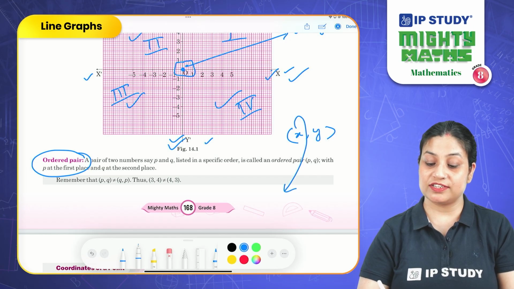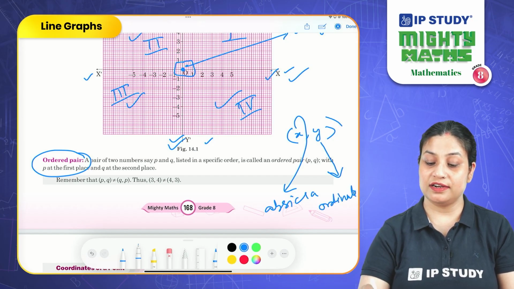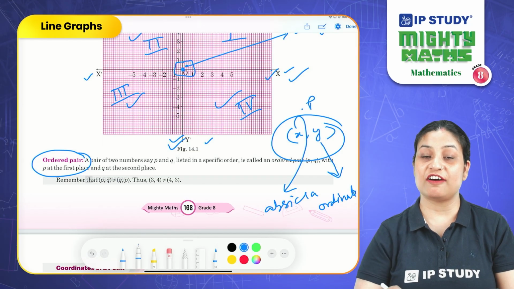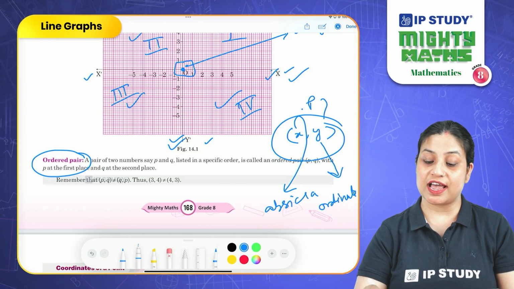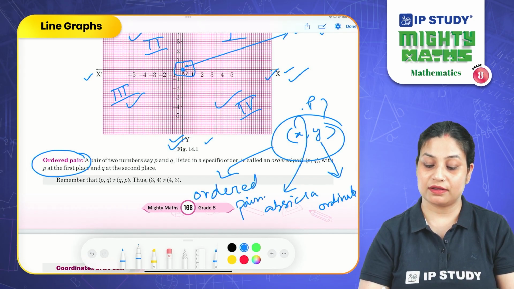This x coordinate is also called abscissa, and this y coordinate is also called ordinate. And this, which represents the position of a particular point on a graph paper, let's say P, we call an ordered pair.